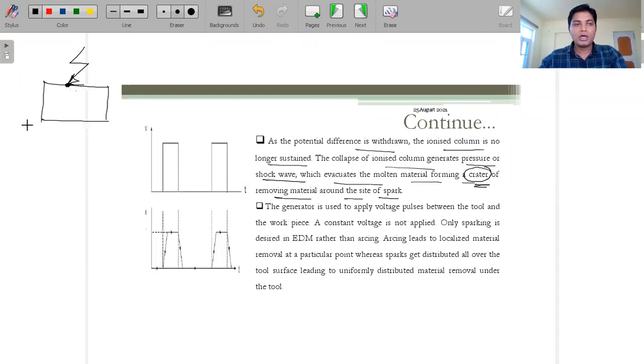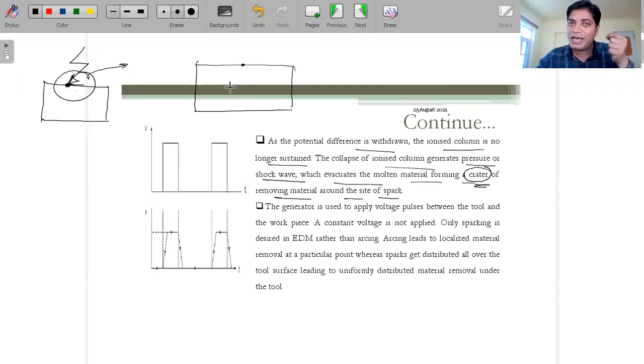There are assumptions. When the spark is generated, if you see it enlarged, this is the workpiece, and a spark is generated, then this will remove the material from some specific area.